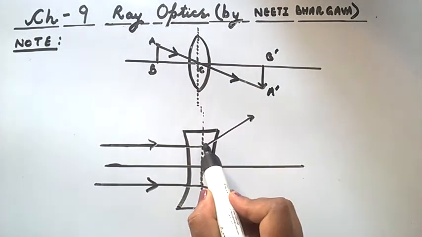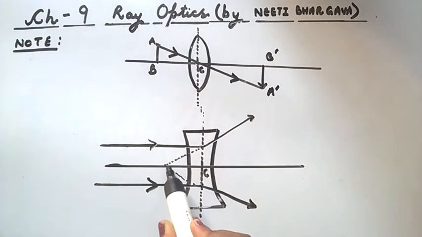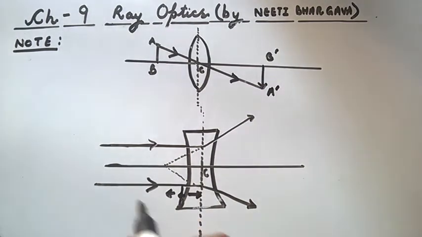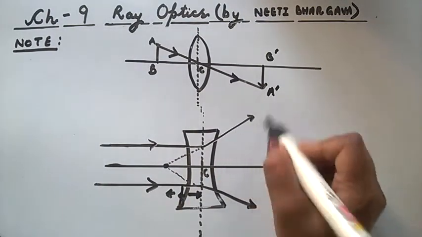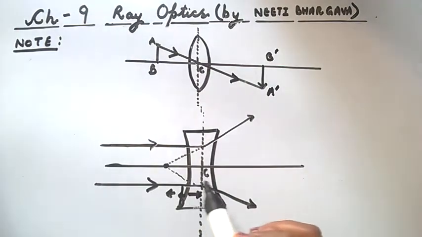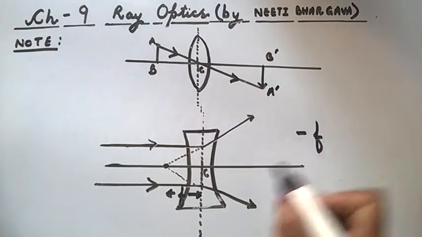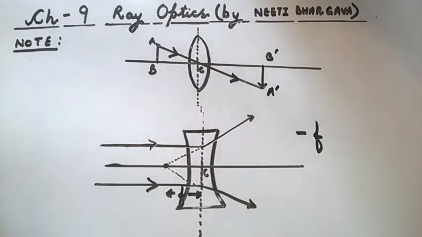And these rays after refraction appear to meet at a point known as virtual focus, and this gives negative focal length as its direction is opposite to that of the incident light, and here the refracted rays are diverging. For all 6 positions of the concave lens, it gives negative focal length. So concave lens has always negative focal length.